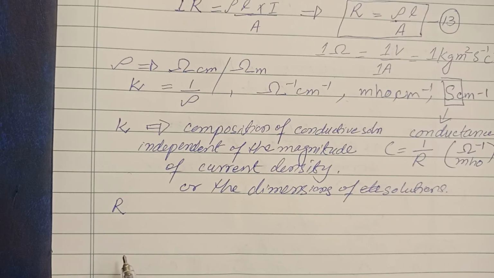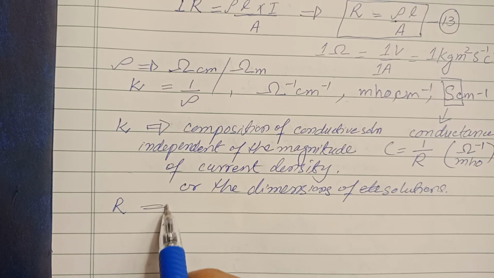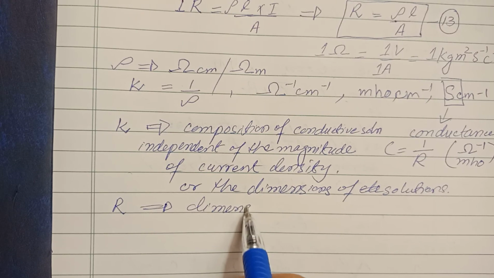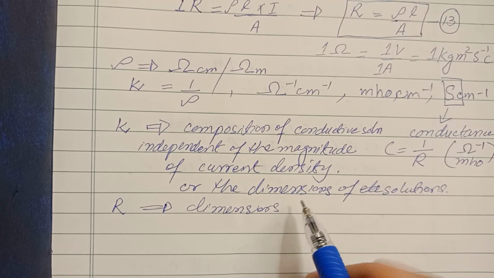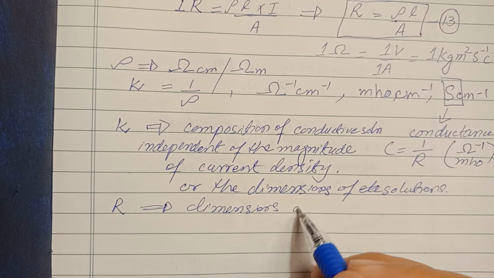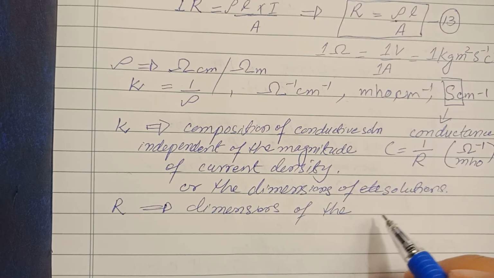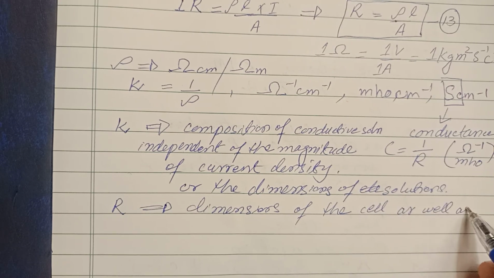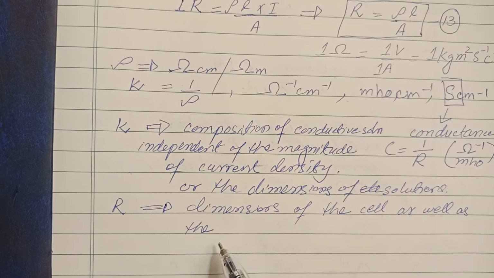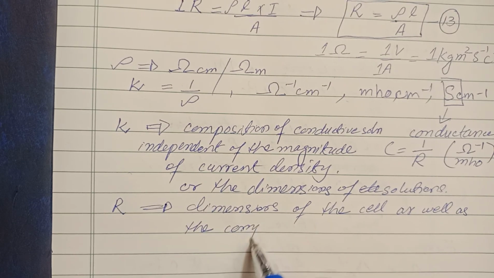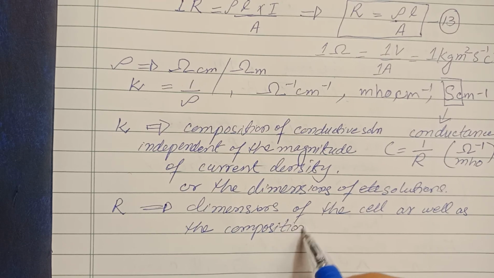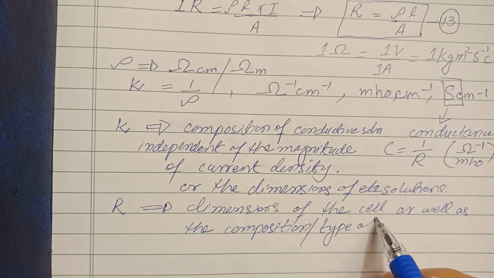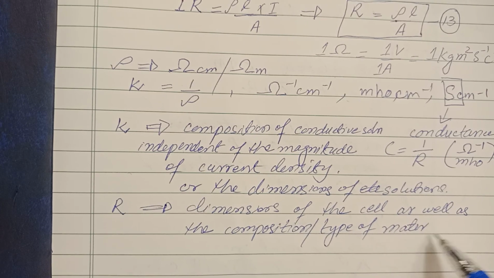Whereas the resistance depends on the dimensions of the cell as well as the composition or type of material that is conductive.